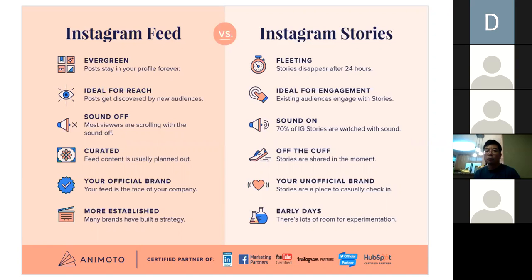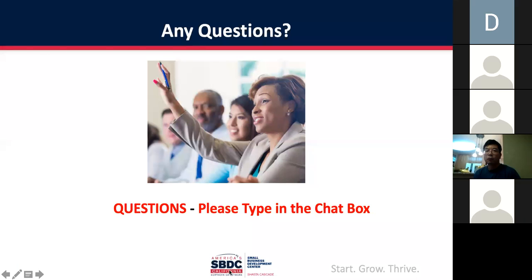And for most Instagram feeds, many brands have built a strategy, and for Instagram stories, there's still lots of room for experimenting. So this is just something you'll get in your PowerPoint deck, because it helps you think about the difference between the feed and the stories, and maybe how they work together, and maybe how you want them to be totally separate.